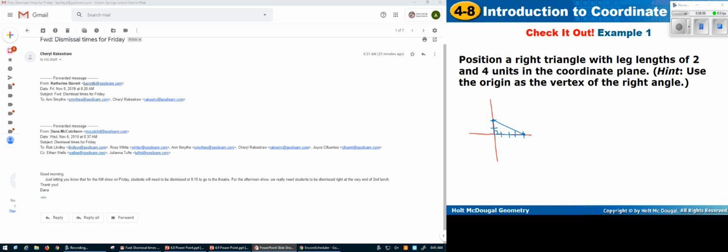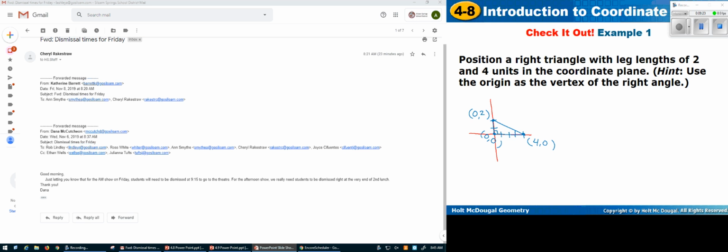And then you have to label the vertices. Again, I want to emphasize that's the big part that I'm checking for. Can you label your vertices correctly? So what is this point going to be here? 0, 0. That one should be easy. And then up on the y-axis, what is that point? 0, 2. And then on the x-axis, 4, 0. Any questions if it's just numbers?